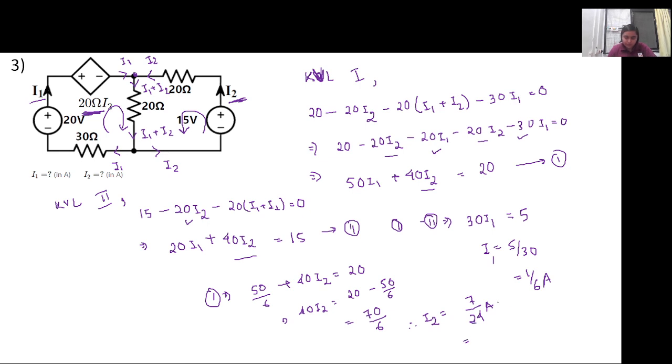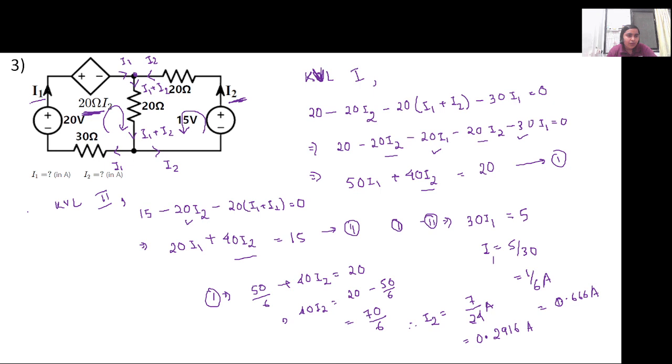So whatever the values may be, 1 by 6 will come out to be 0.666 something ampere, right? What is this 7 by 24? Let's calculate. It is 0.2916, something like this.